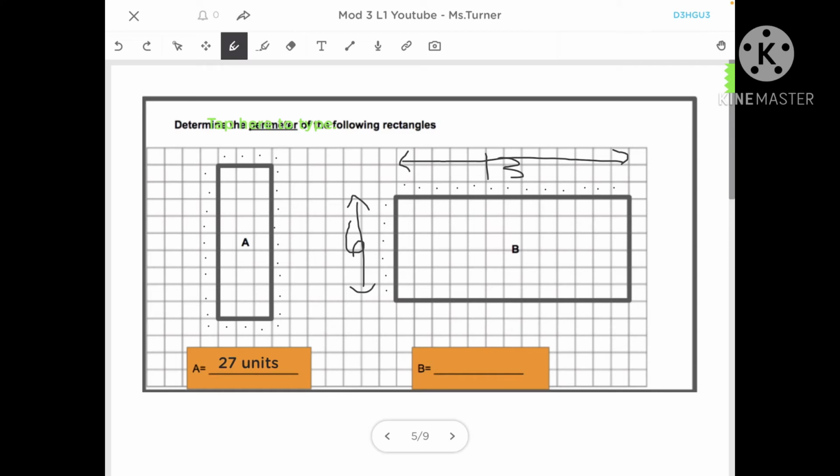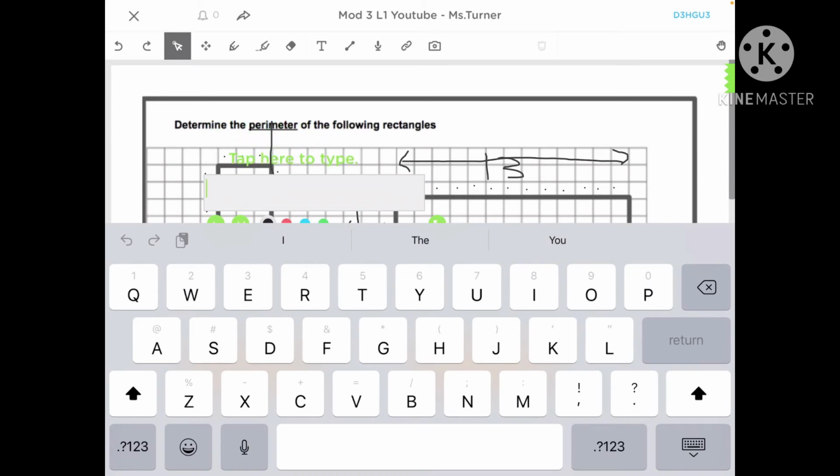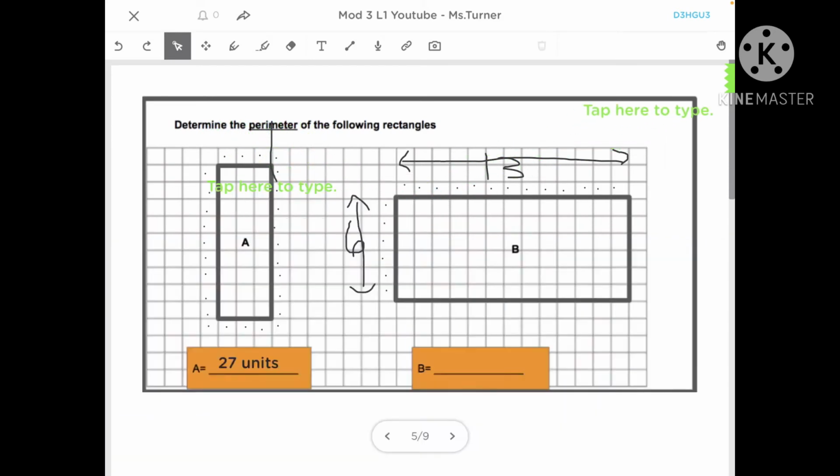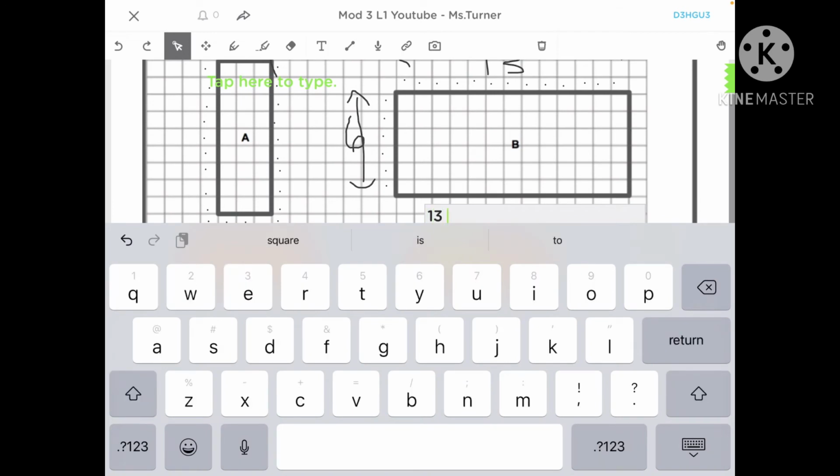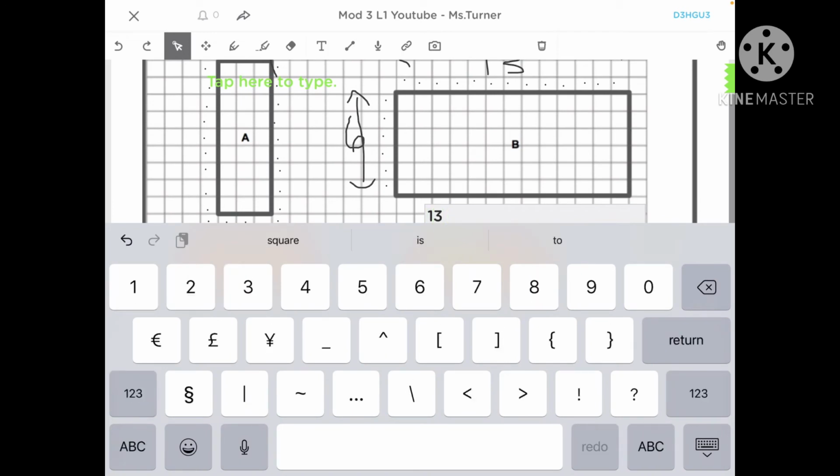So this time, you guys, we are no longer multiplying. We are adding. So if I look at this problem, I know that my length is 13. So I'm adding 13 plus 13.